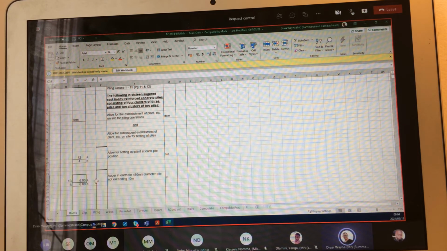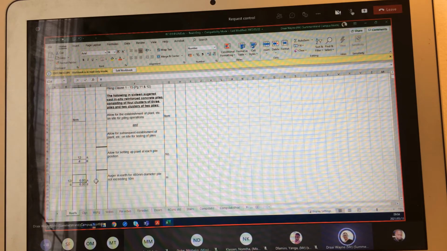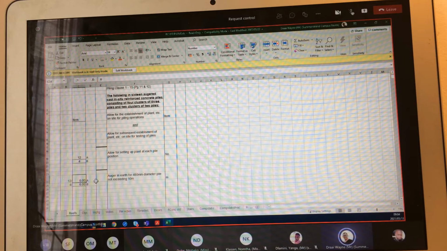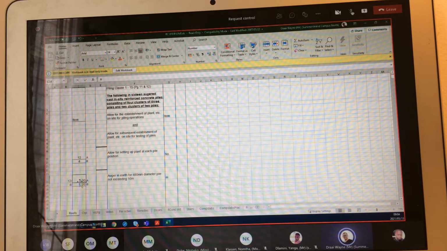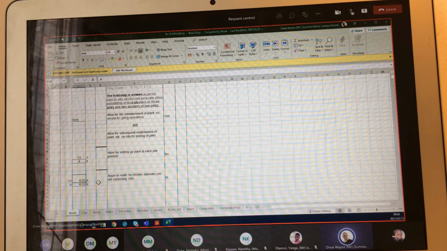We've ascertained that the 12 there is the four pile sets multiplied by 3 piles per set. And the 6 meter is times 4. It will be the 2 piles multiplied by the 2 pile sets. So that is how we will be going about with the auger of that.